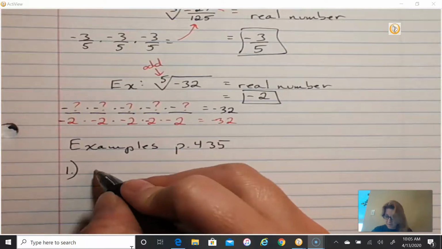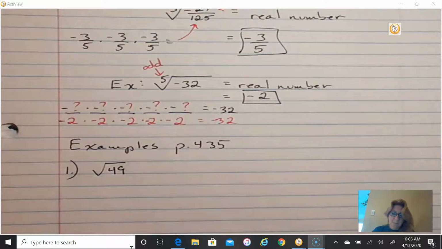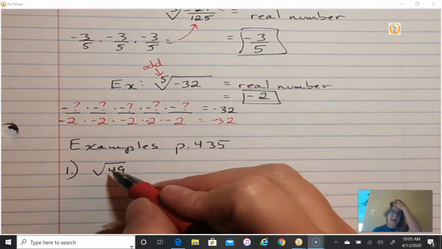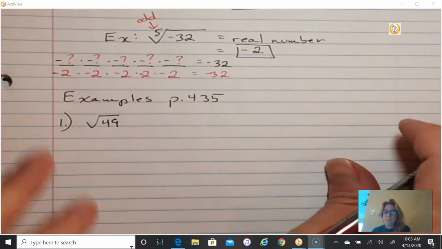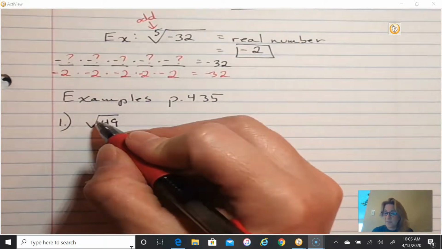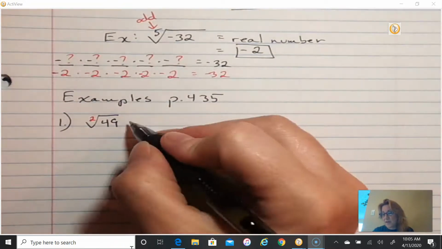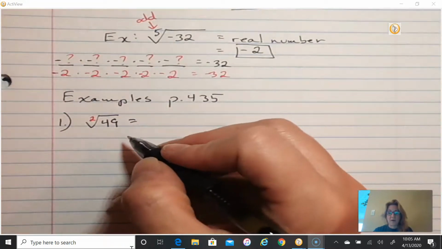So number 1 is square root of 49. Okay, remember, if we have nothing there, if there's nothing in the check mark, what is the root supposed to be? Imaginary 2. But you guys already know that. So what's the square root of 49?